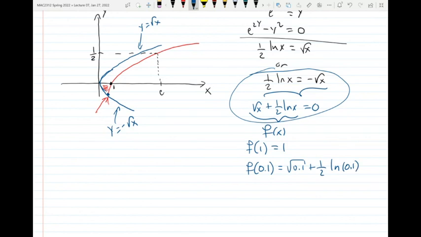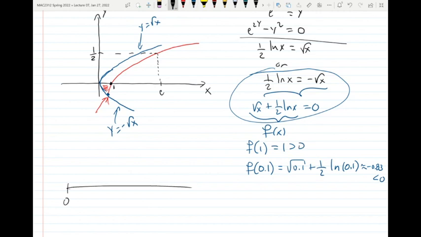And we have to see, is this a positive or a negative number? I'm expecting it to be negative. So ln of 0.1 divided by 2 is about negative 1.15, plus square root of 0.1, so we get about negative 0.83. The point is that it is less than 0, okay?